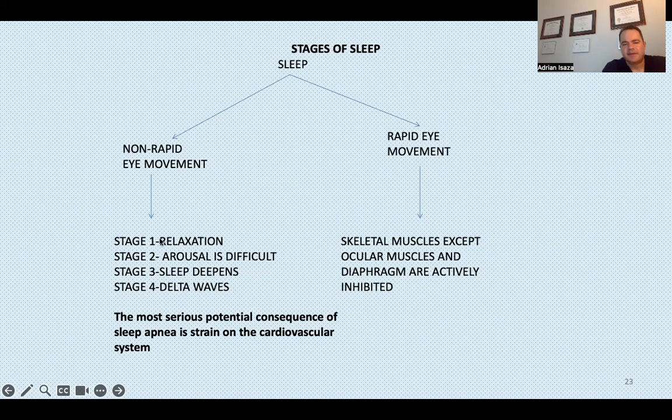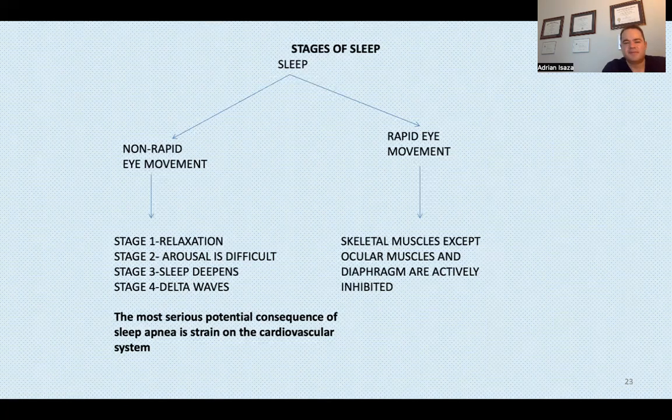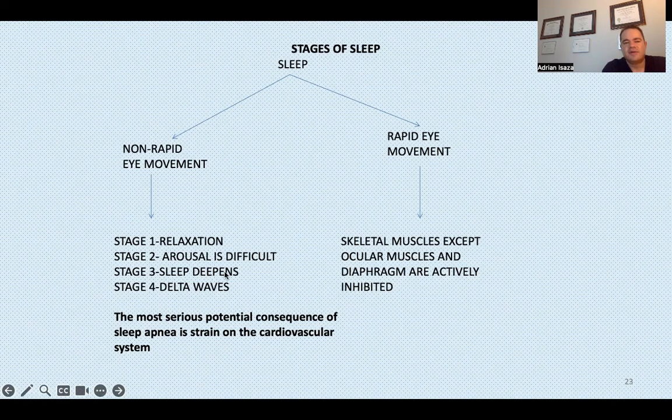Then we have stage 2, and arousal is difficult. That should be sleep spindles. Then stage 3 is where the delta waves start. And then stage 4.